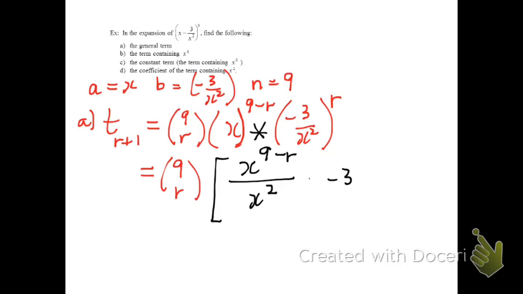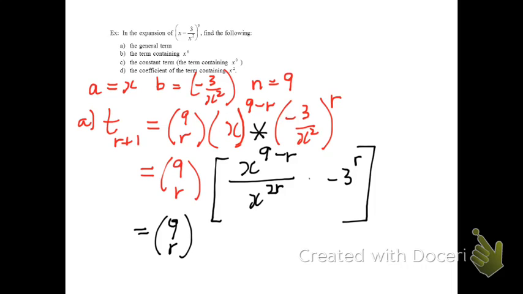Oh, sorry, it's negative 3 to the power of r, and this is x to the power of 2r. Sorry, I almost missed the r there. Okay, and then we can see that this will simplify. So here's my 9 choose r.